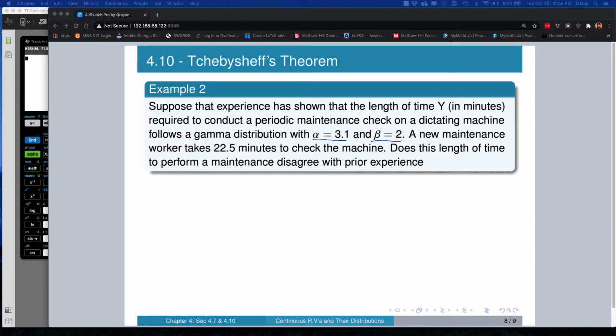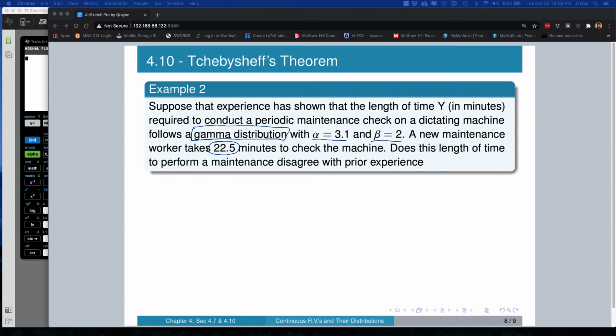A new maintenance worker takes 22.5 minutes to check the machine. Does this length of time to perform a maintenance disagree with prior experience? So prior experience, we have our alpha equal to 3.1 and beta equal to 2.